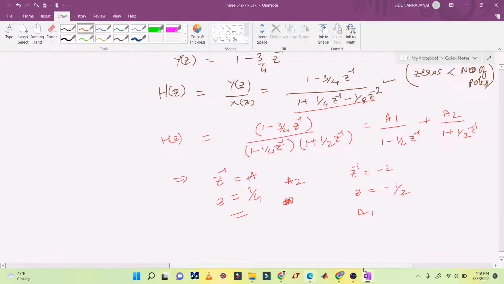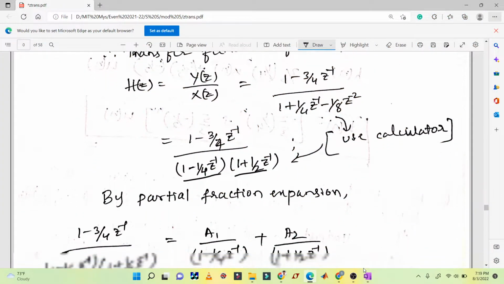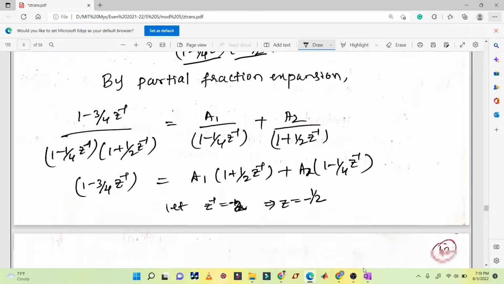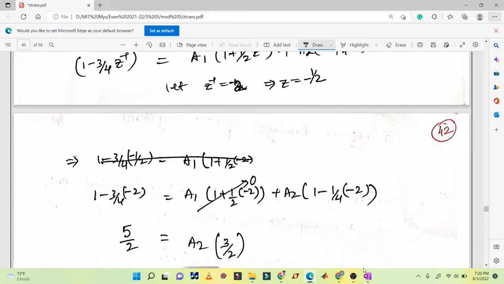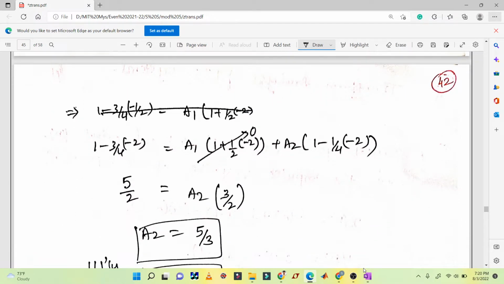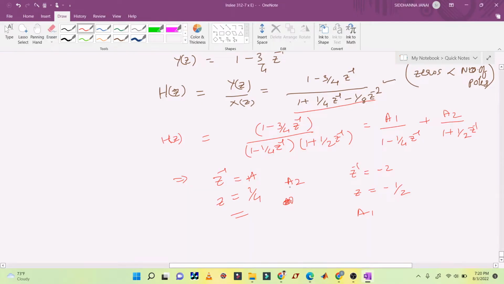So let me directly write these answers from here. By substituting z is equal to minus 1 by 2, we get a2 and this is a1.